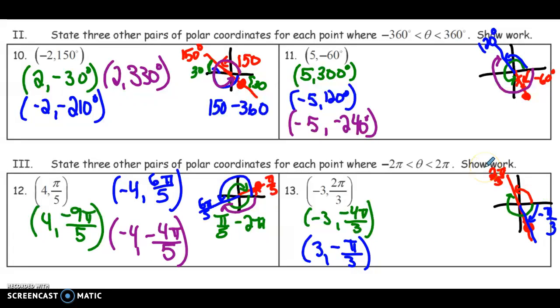The only thing I did is cover up the numerator and add a negative sign because we're going in a clockwise direction. And then to go counterclockwise, 2 pi minus pi over 3, or 2 minus 1/3, is 5 pi over 3.